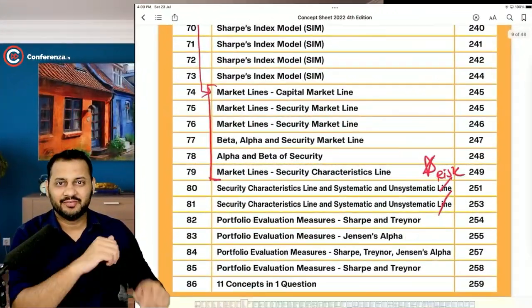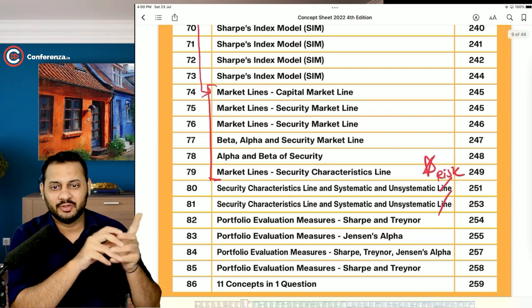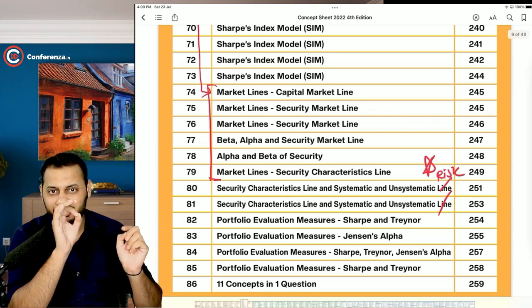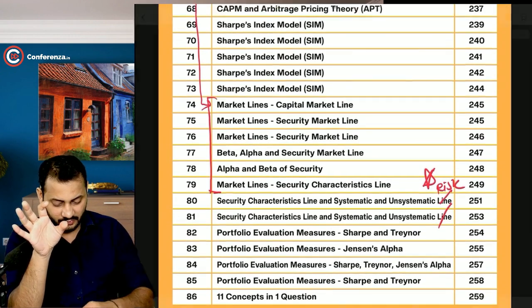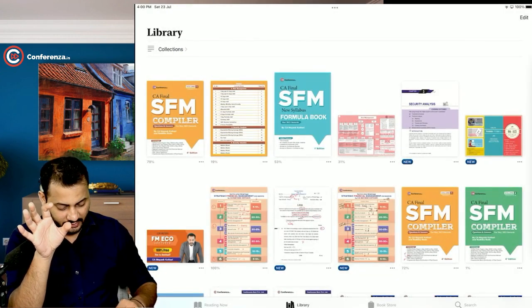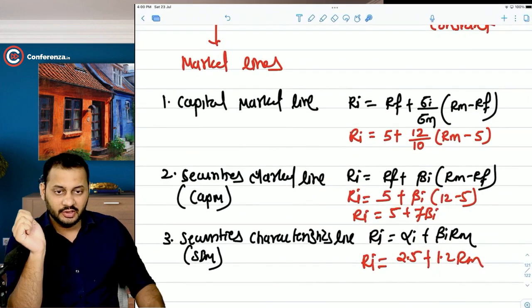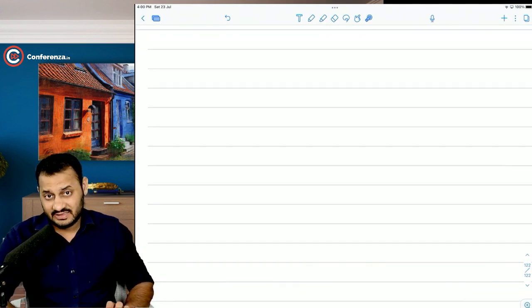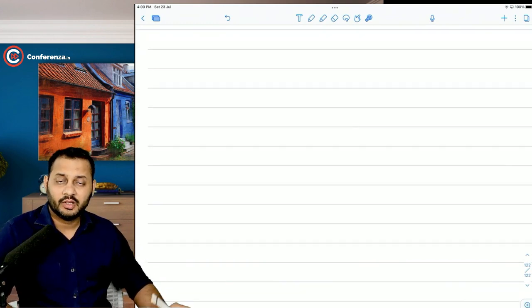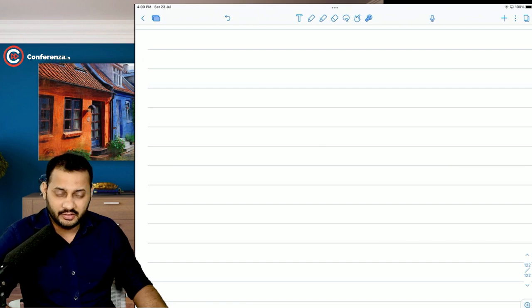Okay, so welcome back everyone after the break, and now we are going to discuss the portfolio evaluation measures. We have come a long way in the portfolio management chapter and have discussed lots of things. Now this is going to be another concept where we are going to learn about the results of the decisions that we have taken.